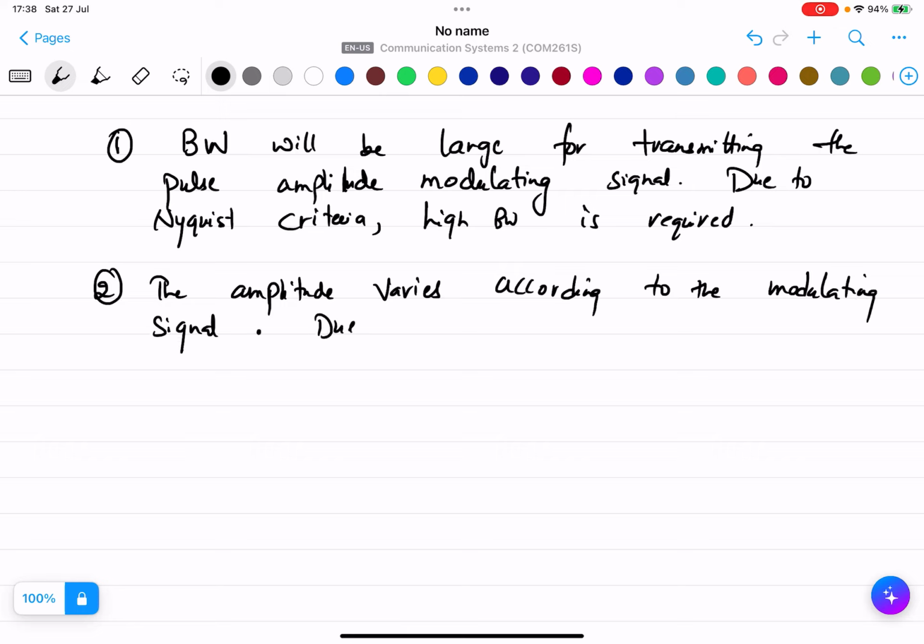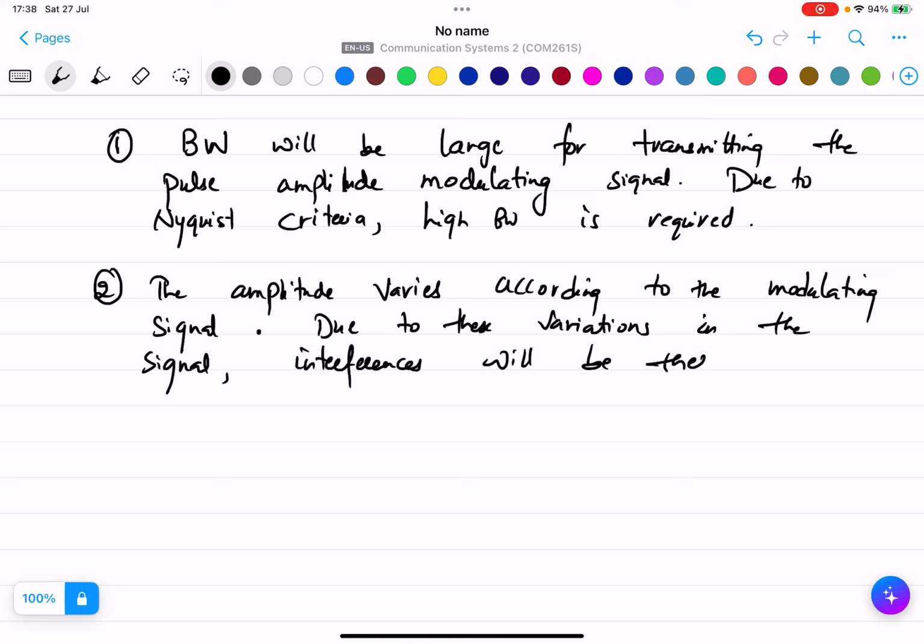Due to these variations in the signal, interferences will be there. So noise will be more. So what is the first disadvantage? The bandwidth will be large, and in this the noise will be more.